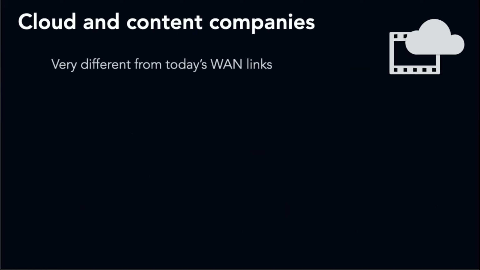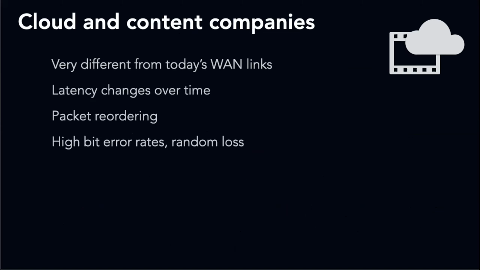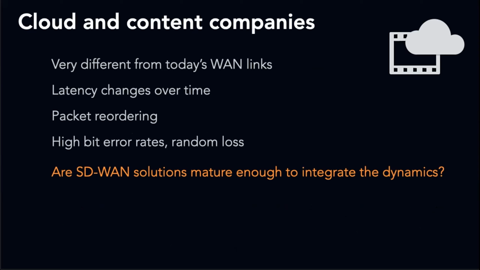However, the LEO links that we are talking about are very different from today's WAN fiber links for the same reasons I mentioned earlier: latency changes, packet reordering, high bit error rates, random loss, etc. So are the software-defined WAN networking solutions deployed out there mature enough to handle these dynamics from these LEO links? Is that the case, or do we need more new work here? I'm leaning towards the latter. That's why this question is posed here.